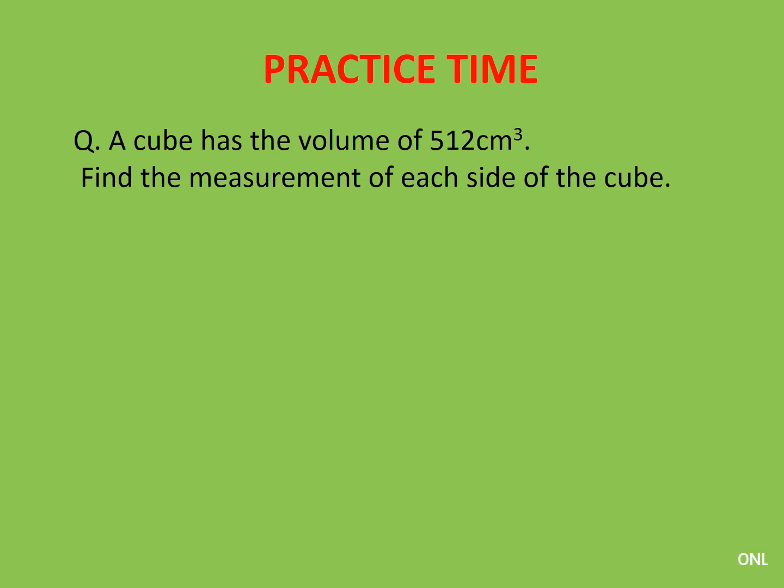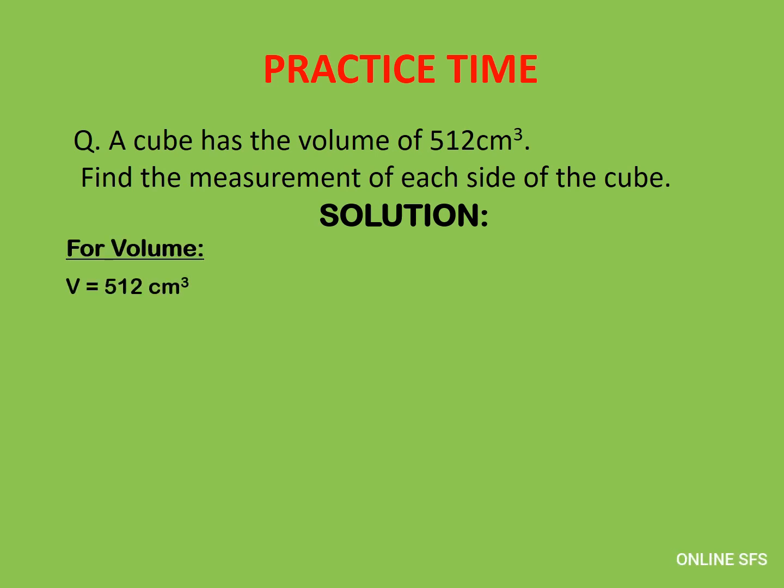The next question was, a cube has the volume of 512 cubic centimeters. Find the measurement of each side of the cube. Over here, we have been provided with the volume, that is 512 cubic centimeters. So, we will first write down the formula for calculating the volume of a cube, that is V is equal to L cube. Then we are going to substitute the given values.